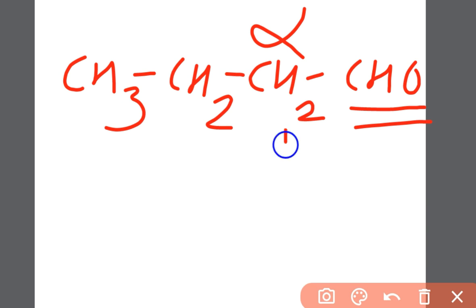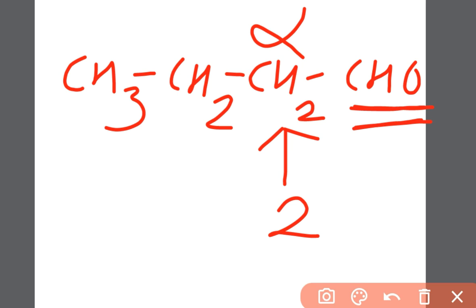So here two alpha hydrogens are present. This is the functional group CHO, and next to this CHO the carbon present is known as alpha carbon, and the hydrogens present on that alpha carbon are called alpha hydrogens.